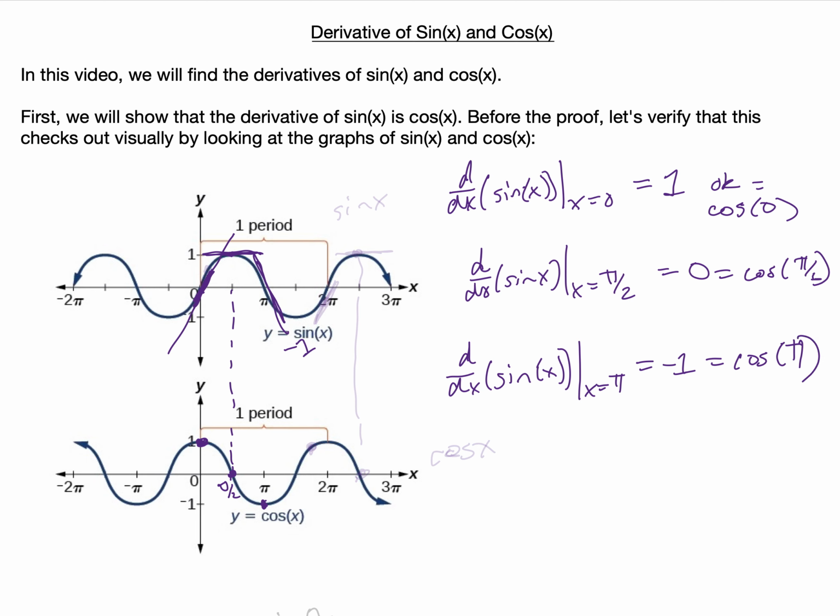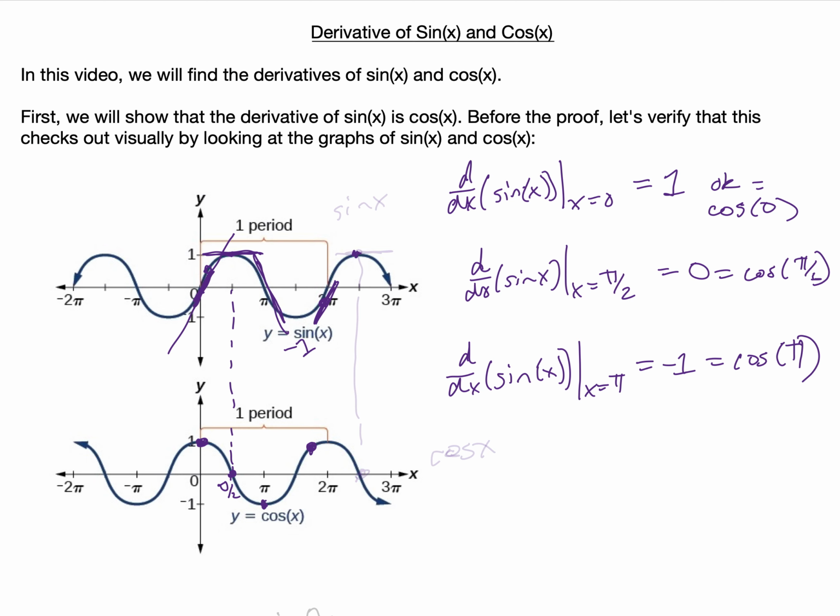It looks like for the graph of sine of x, if we look at the slope at any point in that graph, that could reasonably be the value of cosine of x. Here we've got a positive slope, and that's a positive output, and so on. Any point where there's a positive slope, we're seeing a positive value for cosine of x.